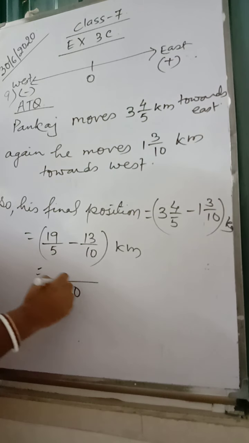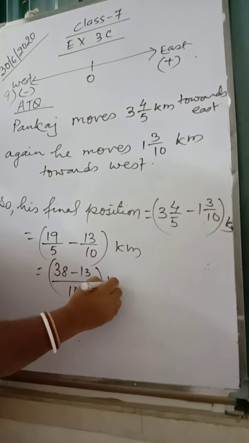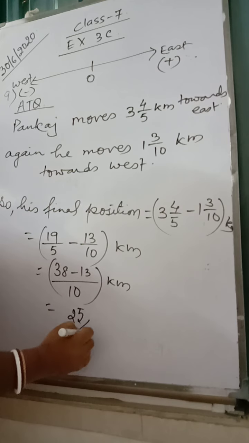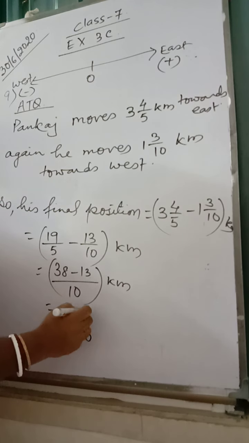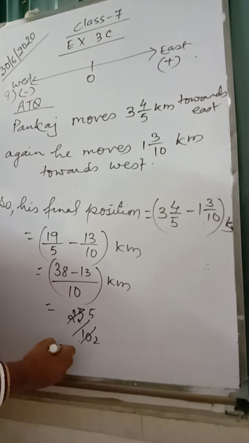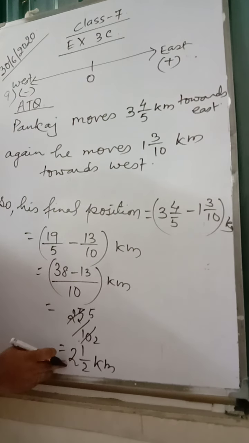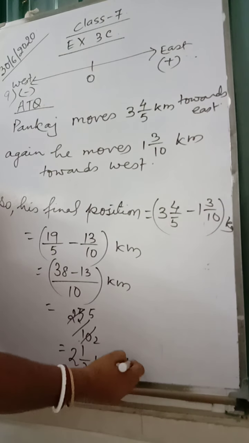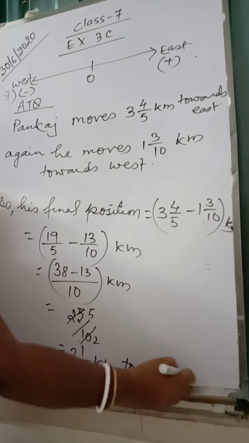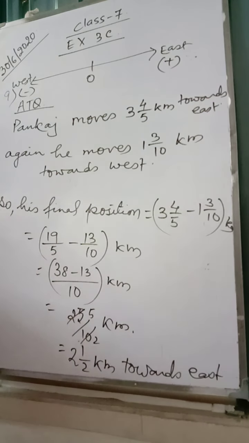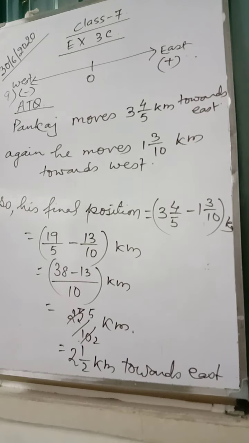Now the LCM is 10, so 19 2s are 38 minus 13 gives 25/10, or 2 whole 1/2 kilometers. Though the answer is positive, it will be towards east. If it were negative, then it would be towards west. But the answer is positive, so it is towards east. Okay.